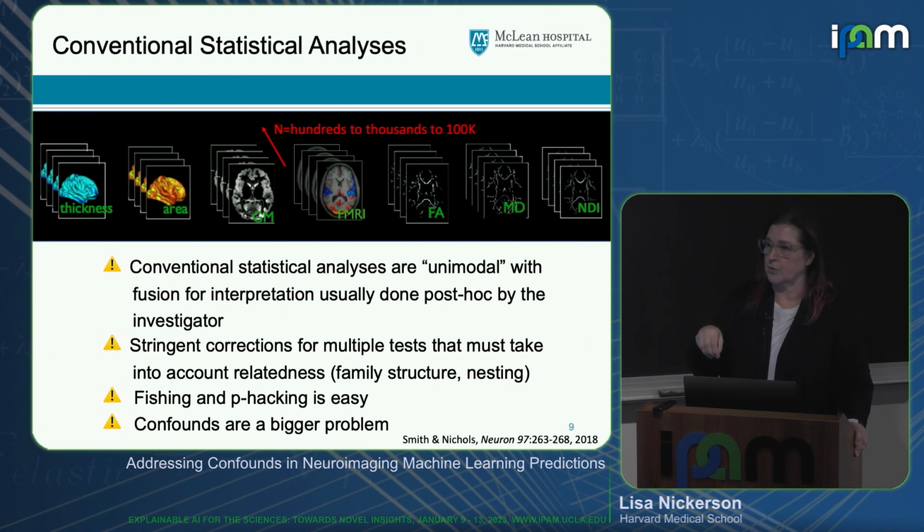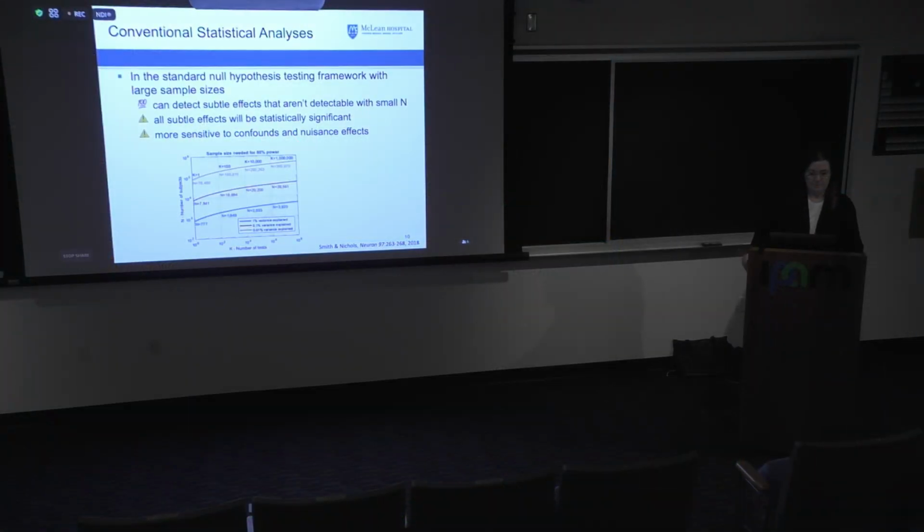So kids were recruited within schools, within sites, and so on. So you have to take all of that structure into account. Fishing and p-hacking become very easy when you have a lot of modalities and a lot of subjects and a lot of non-imaging measures. But confounds actually become a much bigger problem with the more subjects that you have.